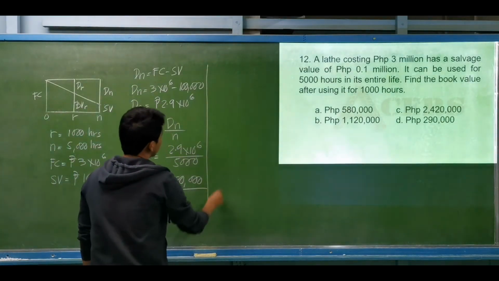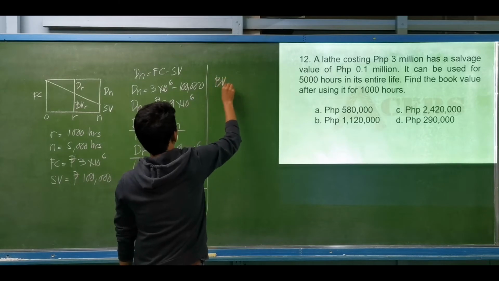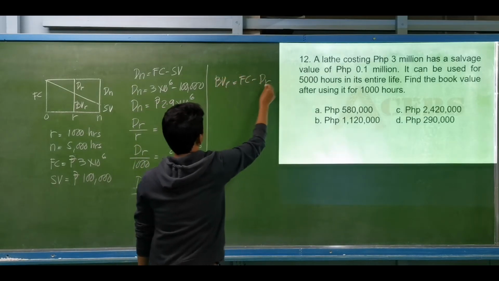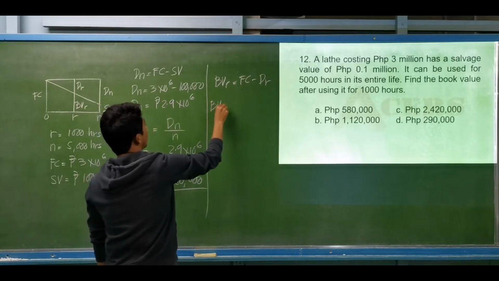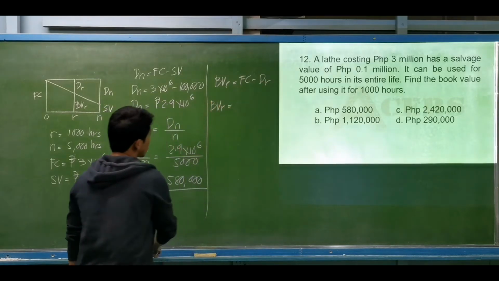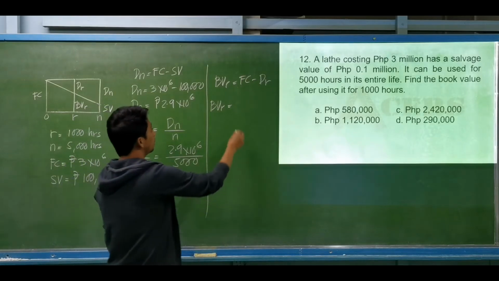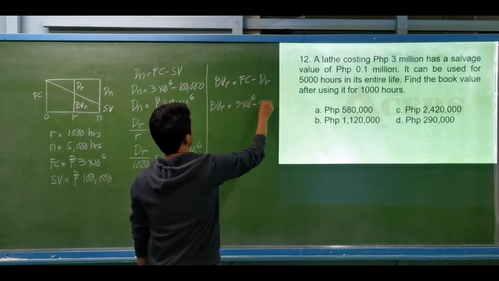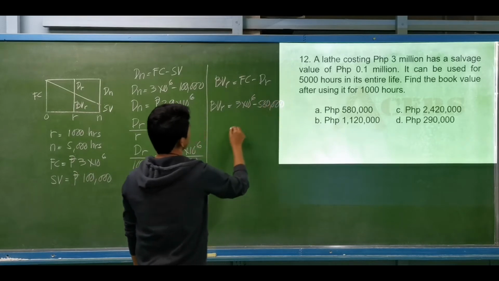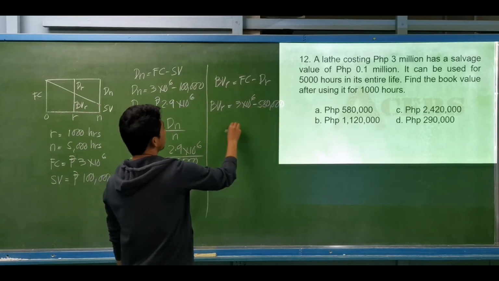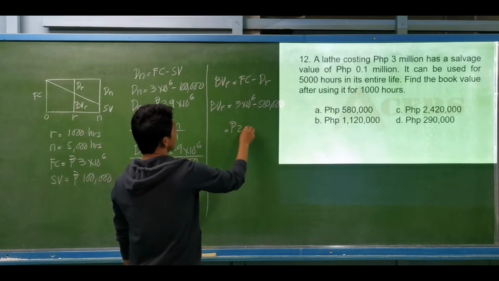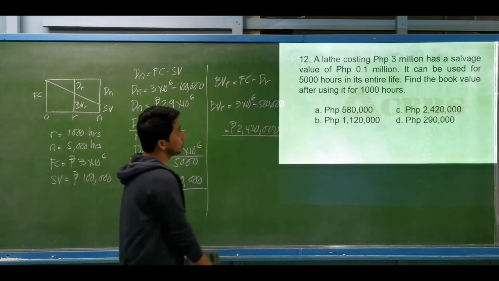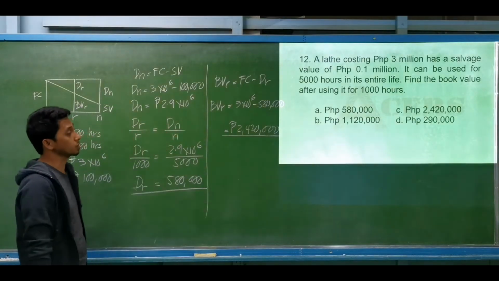Since we are looking for its book value, the book value is equal to first cost minus the depreciation of r. So we have the book value after using it for 1,000 hours is now equal to our first cost, 3 million, less 580,000. So we'll be having a value of 2,420,000. So that will be the book value after using it for 1,000 hours.